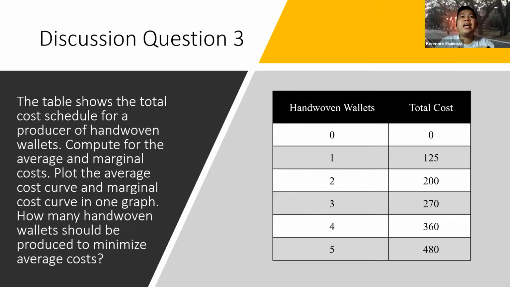In this case, there are no fixed costs, so everything is variable. The given is just that total cost at 0 is also 0. But you're correct that you leave it blank. Okay. Any more questions?